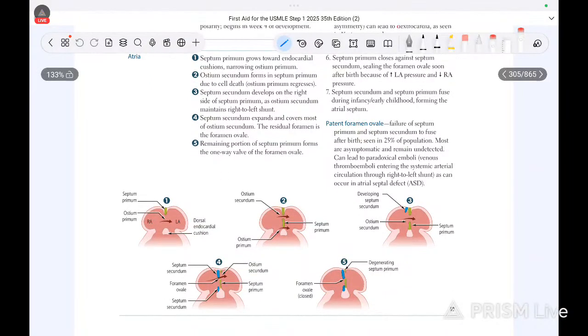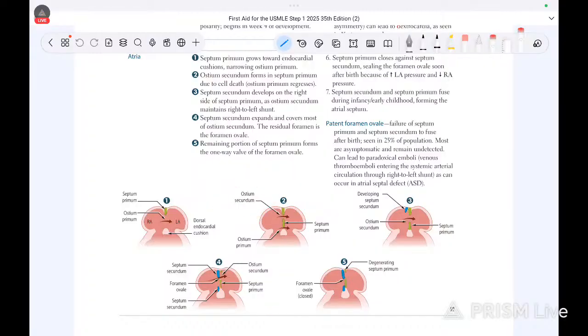Next, in the second step, the ostium secundum forms in the septum primum, because there is destruction of some cells in the septum primum. As the septum primum is growing like this, some part undergoes cell death, there is regression of the ostium primum, and the ostium secundum forms.